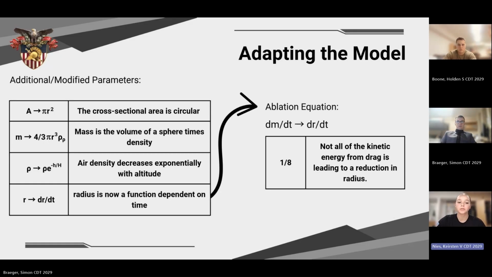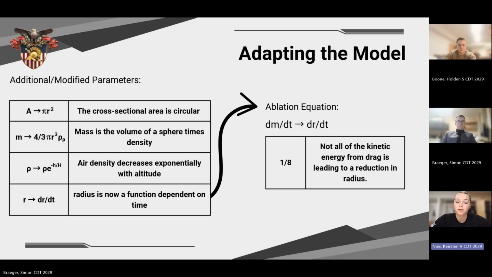What we did is we took that base model, and A, which in the base model is the cross-sectional area, we made that pi r squared because we are assuming that our particle is circular or spherical. The parameter m, which in the base model is just regular mass, in our adapted model is 4/3 pi r cubed times the particle density.